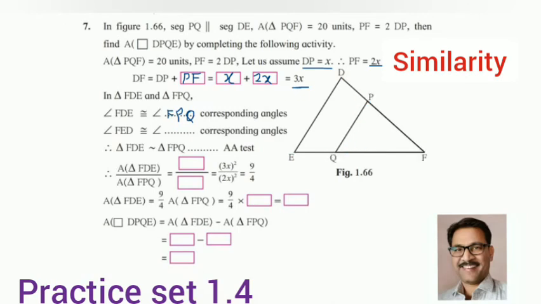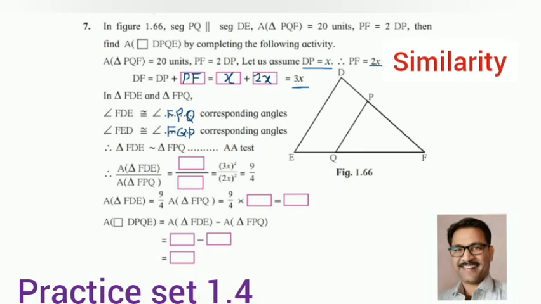Again we write here FQP. Like this, these are the two triangles which are similar.